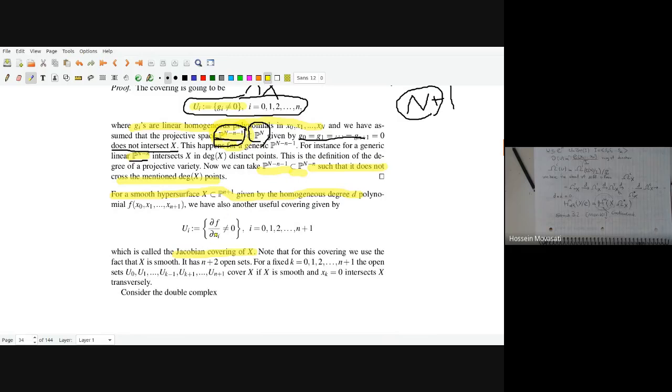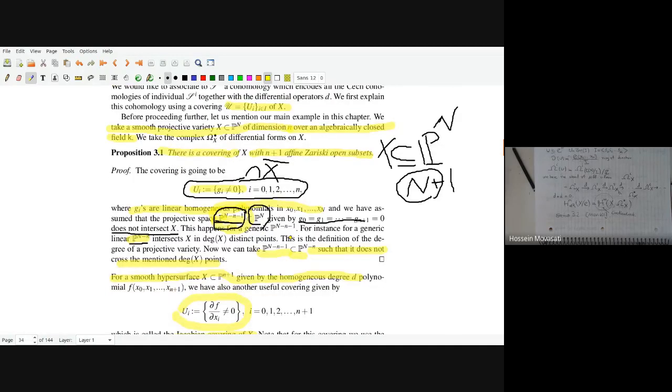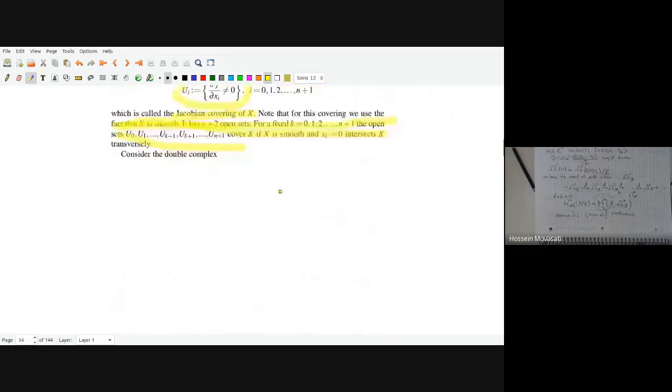So the fact that X is smooth gives me that this is a covering of X. This is a basic fact in algebraic geometry. So these are the coverings of the projective variety that we will take.